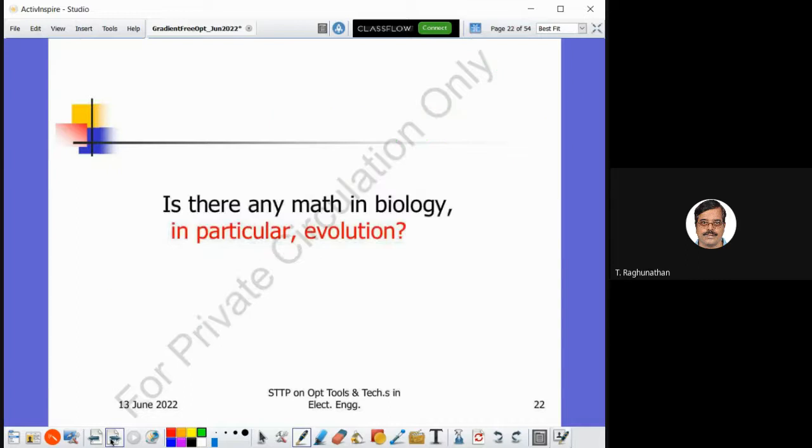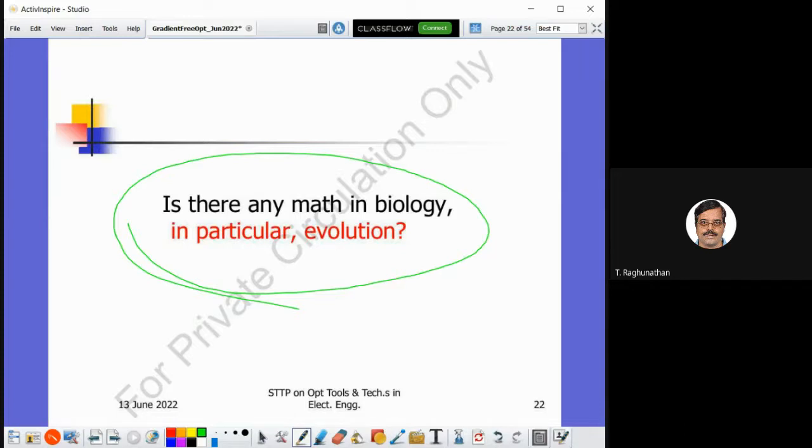So let us ask, is there any maths at all in biology, and in particular in evolution? Because even in my days, one choice children used to have was you study maths, physics, chemistry, or you study physics, chemistry, biology. Either maths or biology. In most schools, only rarely could maths and biology be studied together.